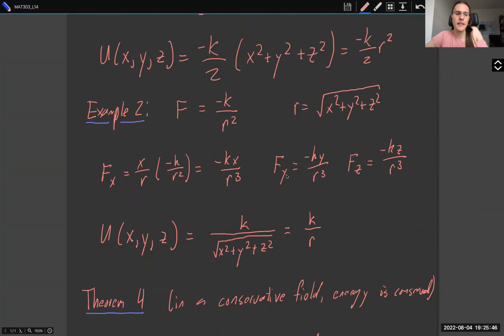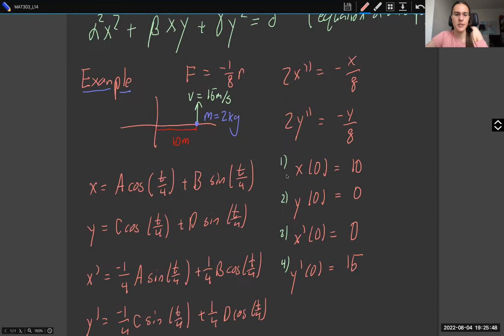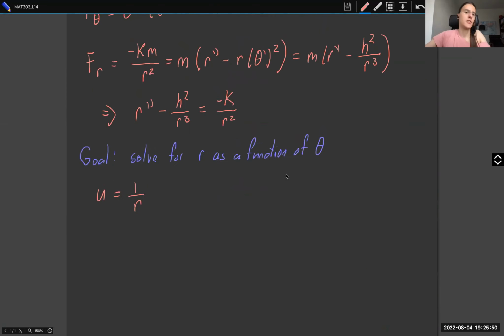So this is proportional to the potential energy of the system. So we're introducing the potential energy, although it needs to be scaled. So that's why I'm not writing capital U, but lowercase u.